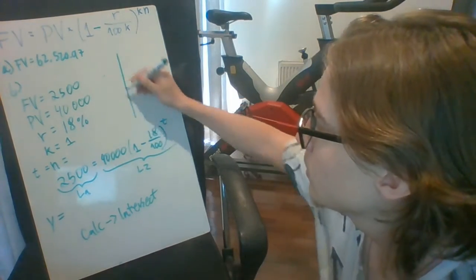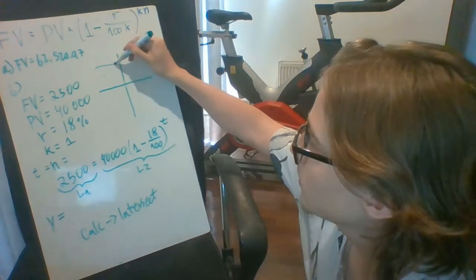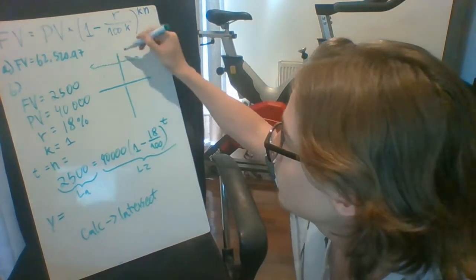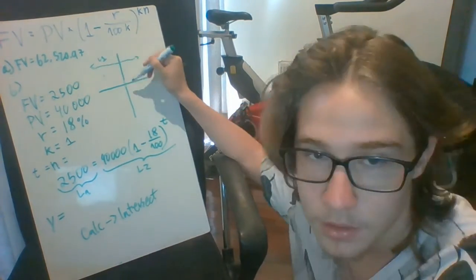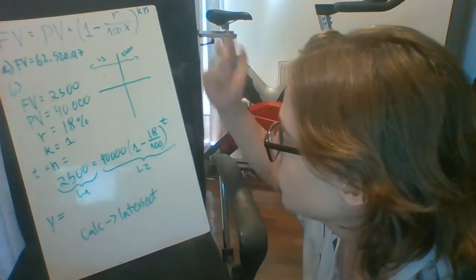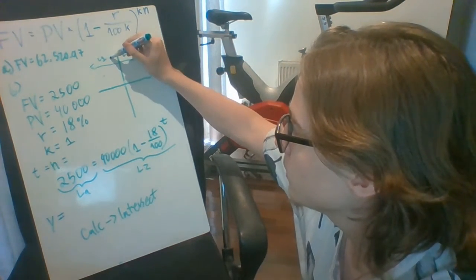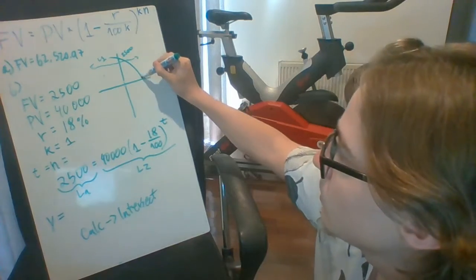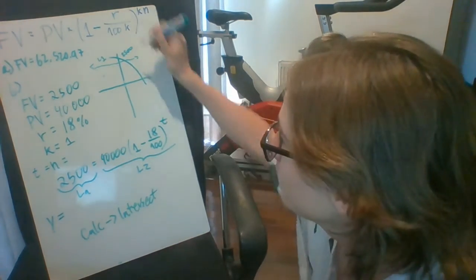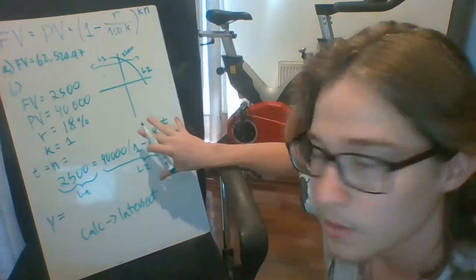The reason this makes sense is because L1 is going to be up here, this is L1 at 2,500. And then the depreciation is going to be something like this, I'm just making it up. This line is going to be L2, which is this whole chunk.